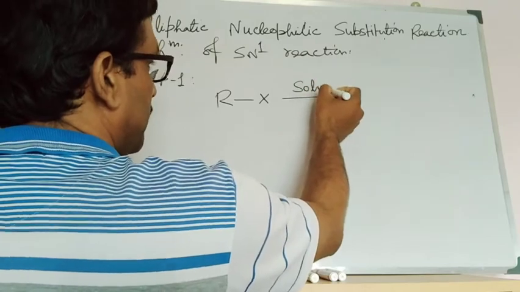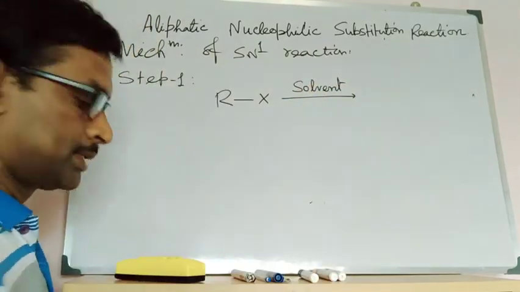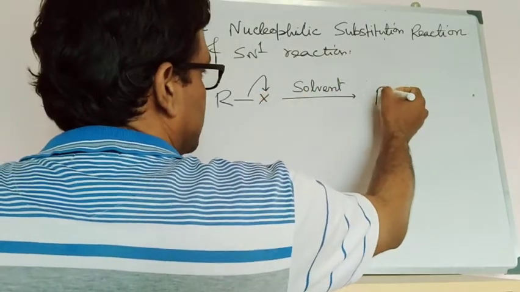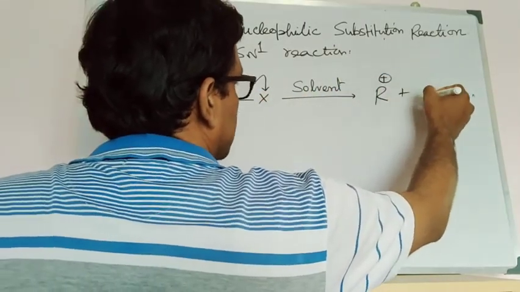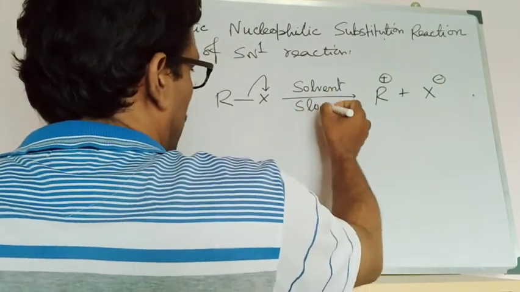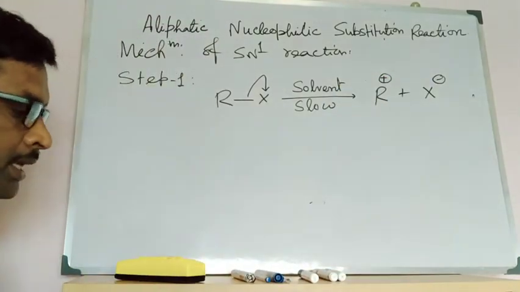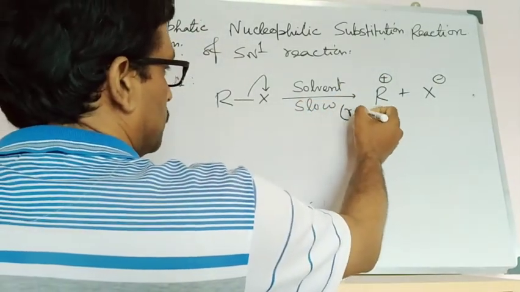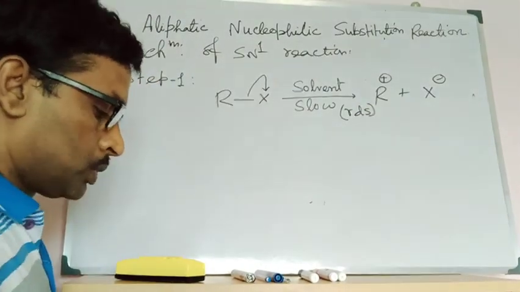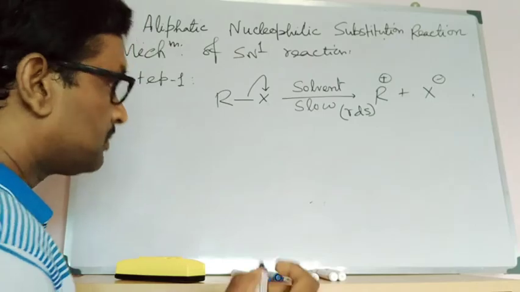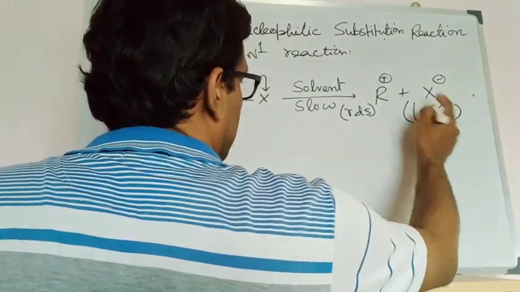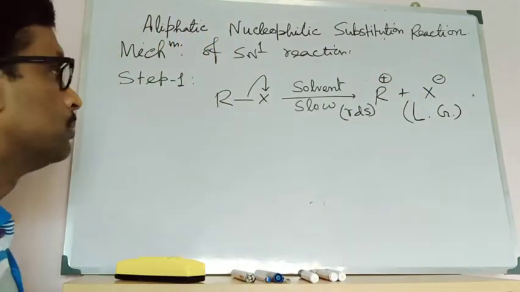That is very important here; I will discuss the role of solvent later. In the presence of solvent it decomposes into R plus and X minus, and this is the slow step of the reaction, consequently the rate determining step, or simply RDS. This is the leaving group, and the carbocation intermediate is formed.